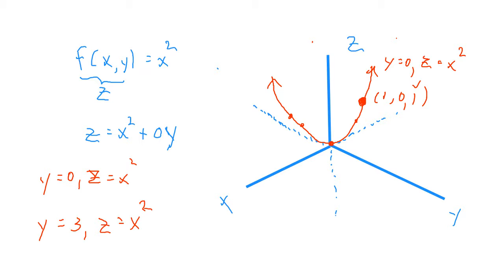So yes, that point's on that parabola. So that's one curve. That's also what we call a trace. It's what's called a vertical trace.